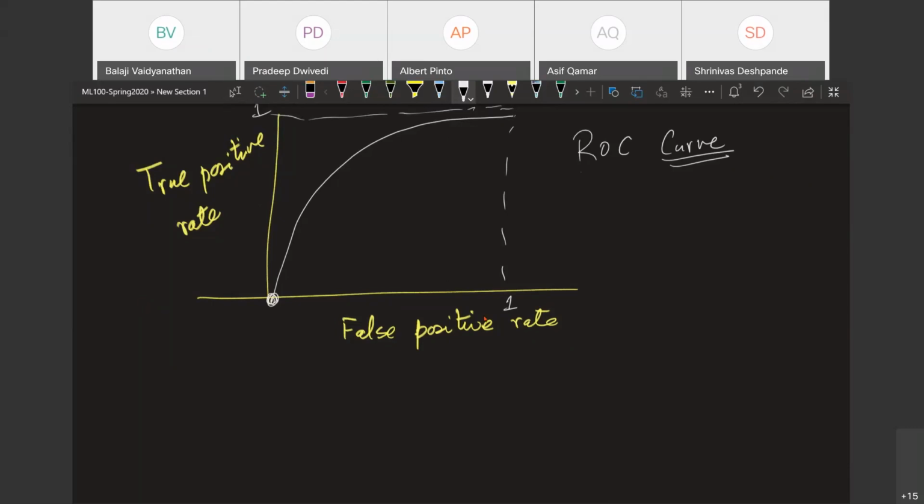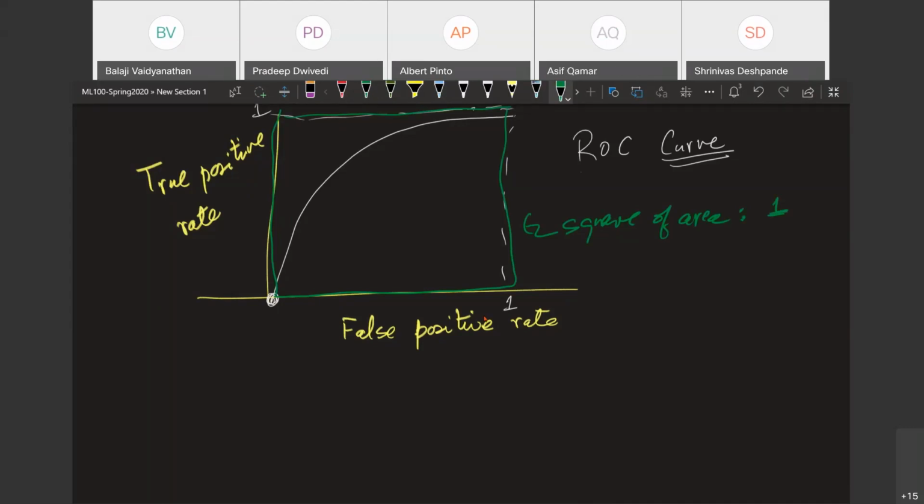So if you think of this entire rectangle, this rectangle is a square. What is the area of this square, guys? One. Base is 1 and height is 1. It's 1, isn't it?